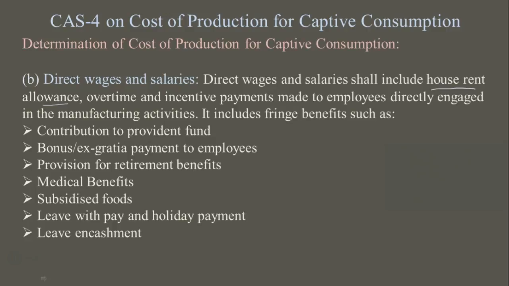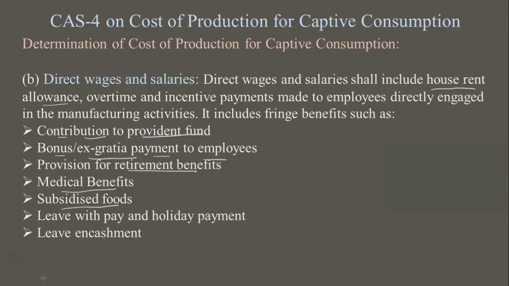It includes fringe benefits, that is extra benefits, contribution to provident fund, any bonus, any ex gratia payment to the employees, provision for retirement benefits. If you are getting any retirement benefits, then also it is part of direct wages and salaries. Then any medical benefits. Any subsidized food provided to the workers who are working in factories and engaged in manufacturing activities is also included.